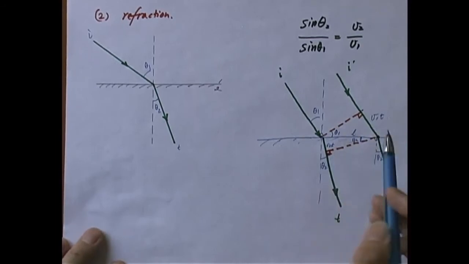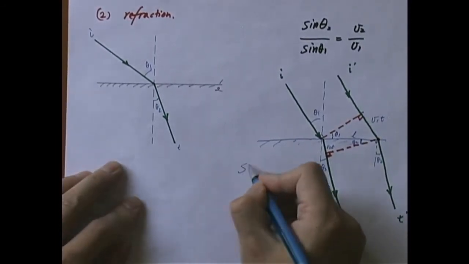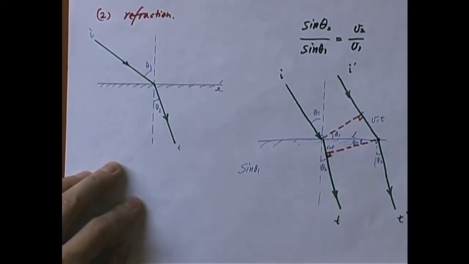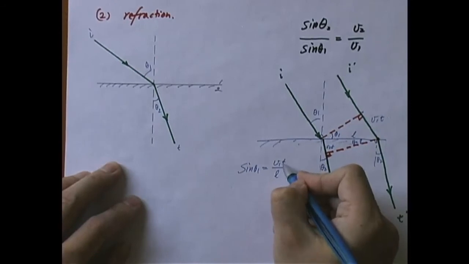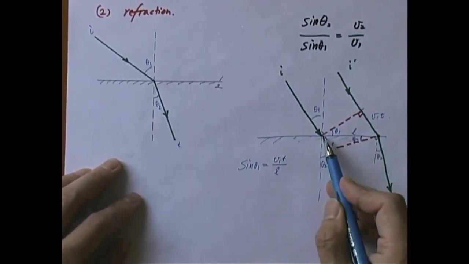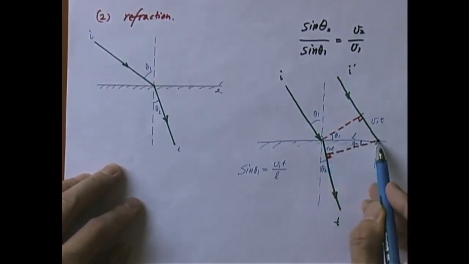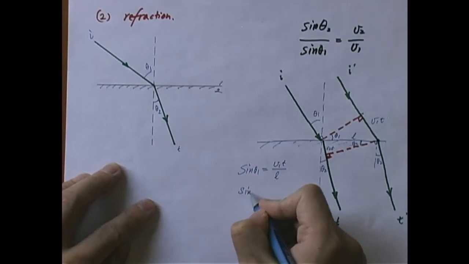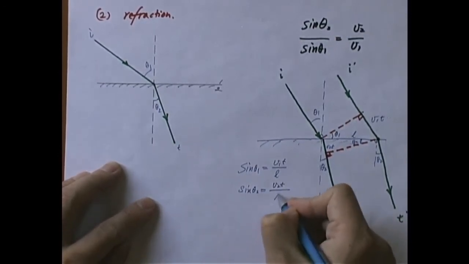Sine theta 1 equals v1t over L. Let's write it down: sine theta 1 equals v1t divided by L. What about the second right-angled triangle? Sine theta 2 equals v2t over the same L.